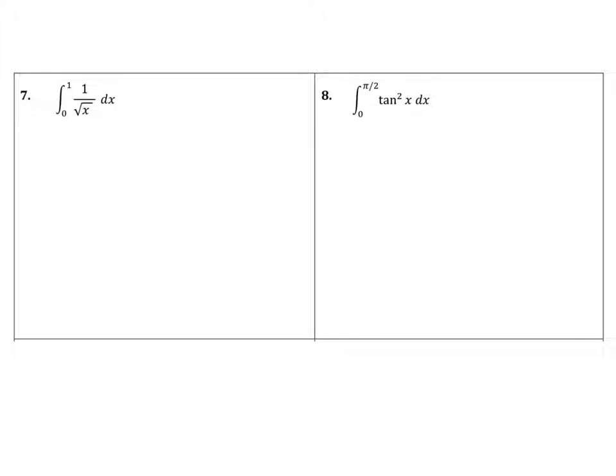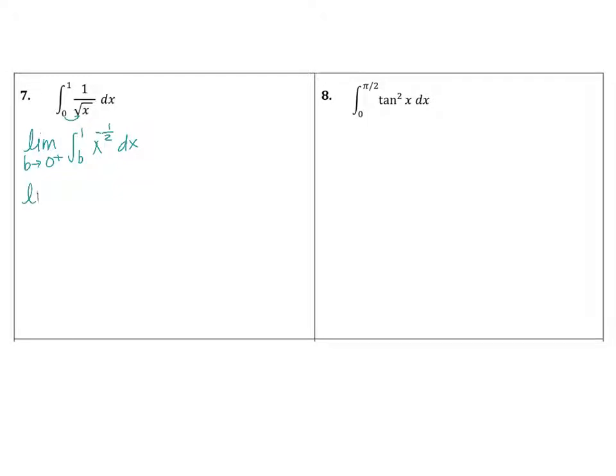Okay, if we substitute in 0 down here, we're going to have our discontinuity. So what we're going to need to do is set up our limit again. And so we're going to say the limit as b approaches 0, tending from the right side, of the integral from 1 to b of x to the negative 1/2 dx.